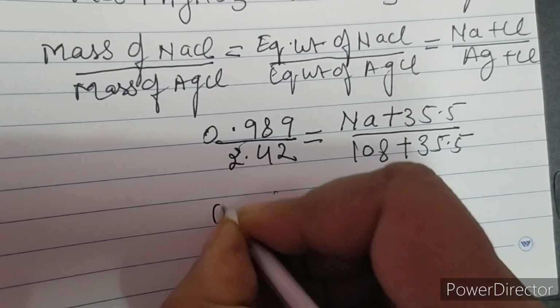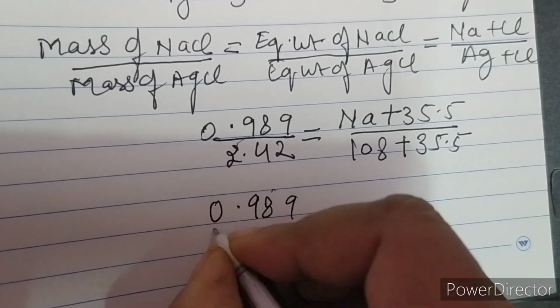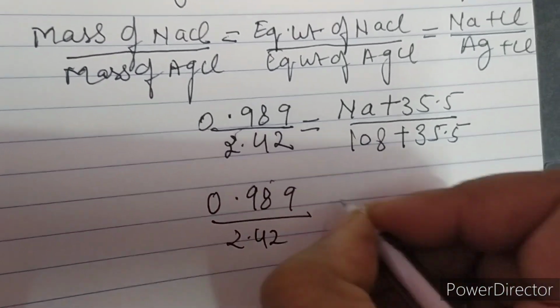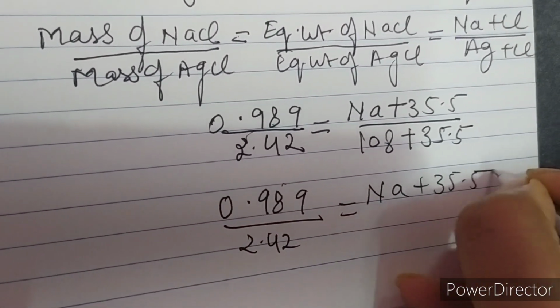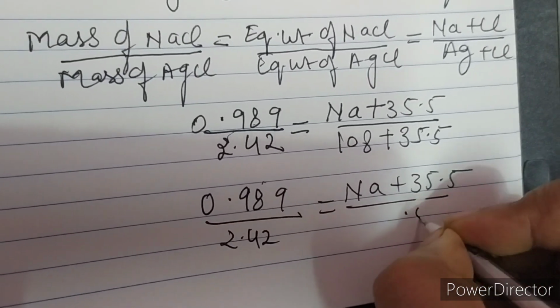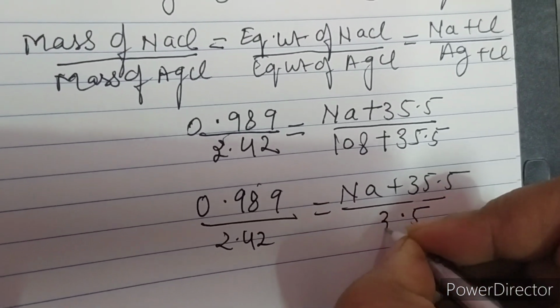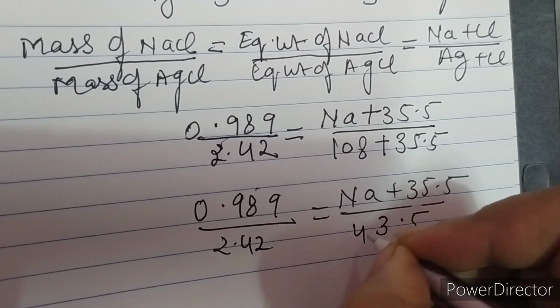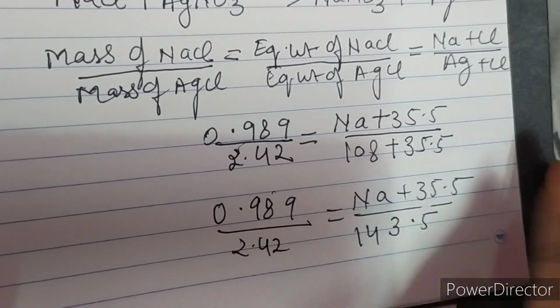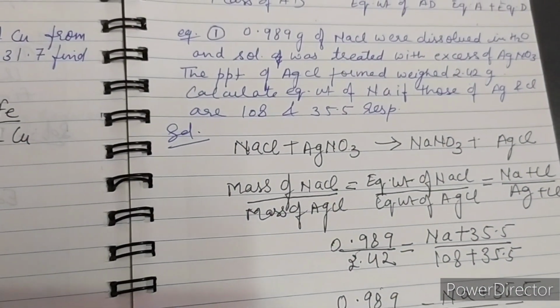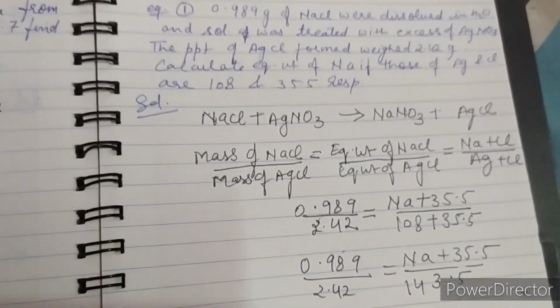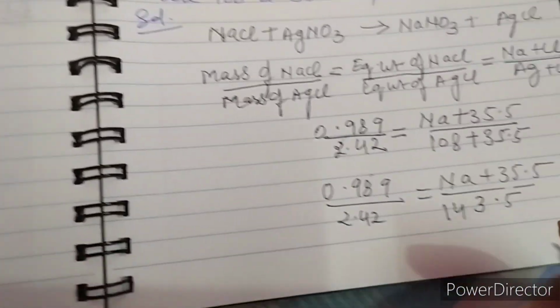Now let's solve this. That is 0.989 divided by 2.42 is equal to Na plus 35.5 divided by 143.5. Now you cross multiply, and on cross multiplying you will get the equivalent weight of sodium as 22.9.